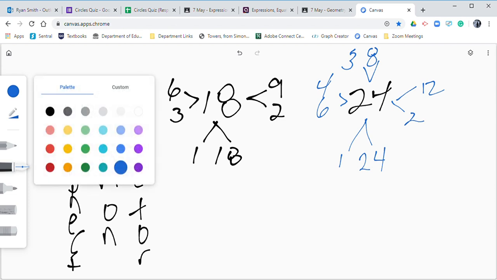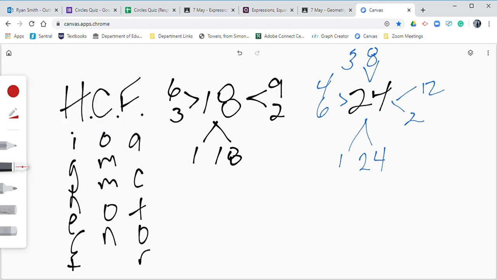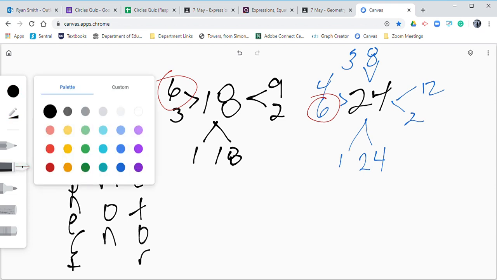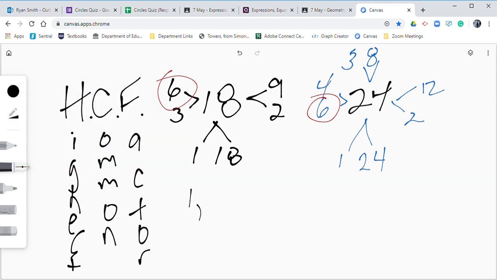What's the highest common factor? The other way that your teacher probably got you to write this once upon a time is like this. For 18, it'd be 1, 2, 3, 6, 9, and then 18. Those are the factors of 18.